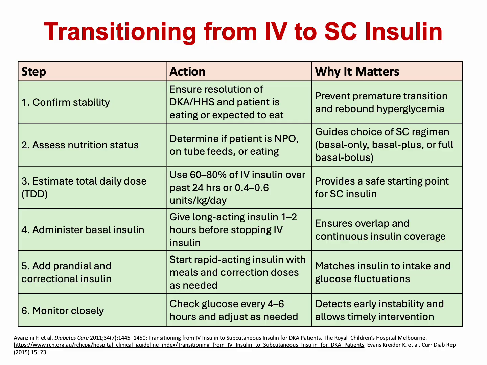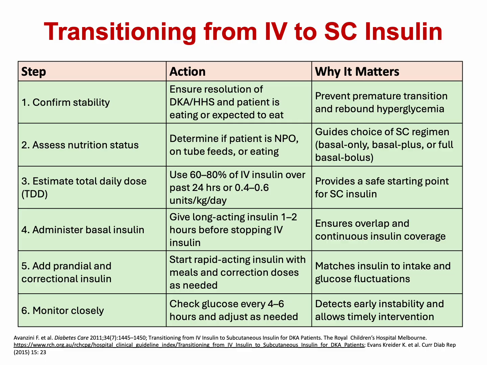So 50% of that may represent the basal, and if the patient is eating, 50% will be for bolus or prandial. Always adjust based on clinical context, insulin sensitivity, and nutritional status, and monitor the patient's blood glucose.